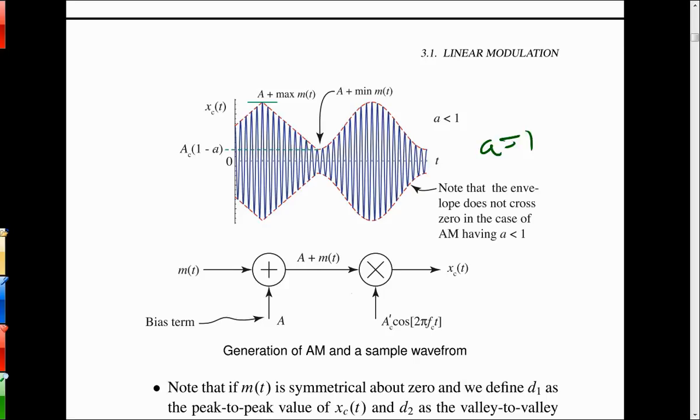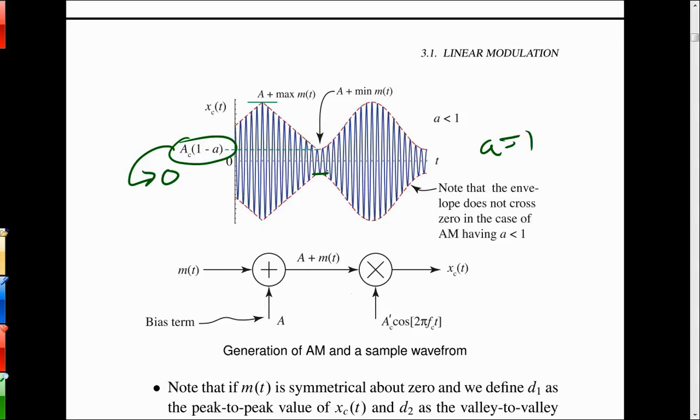If A happened to be equal to 1, then you can see from this equation here we'd have 0, and on this side over here the same thing would happen. So it would just be touching, and that's called 100% modulation.